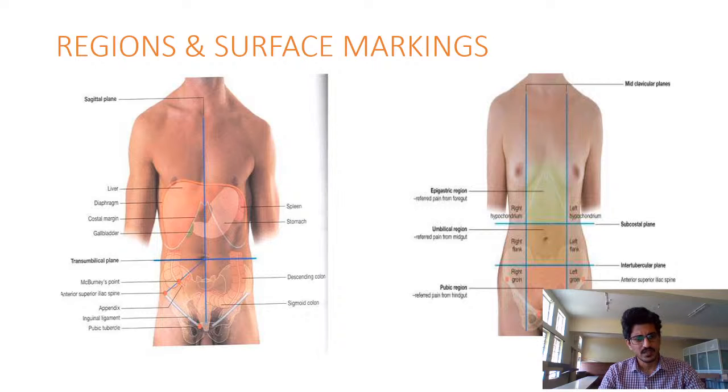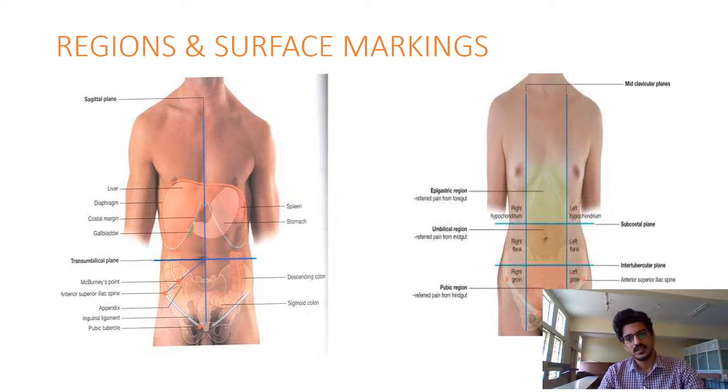In the right upper quadrant, you have the right diaphragm, liver, costal margin, and gallbladder. In the left upper region, you have the spleen, stomach, and sometimes pancreas. In the right lower quadrant, you have the appendix, cecum, colon, McBurney's point, and inguinal ligament with the hernial orifices. And on the left, there is the descending colon and sigmoid colon.